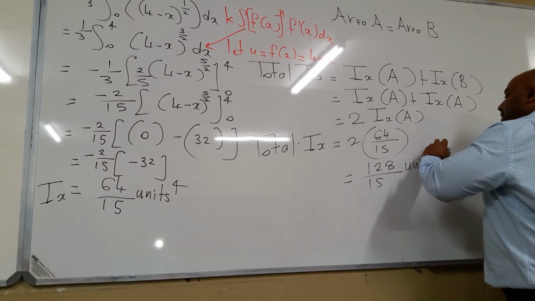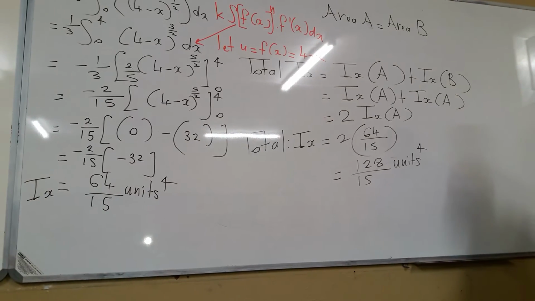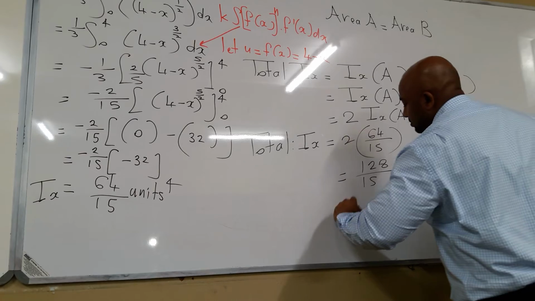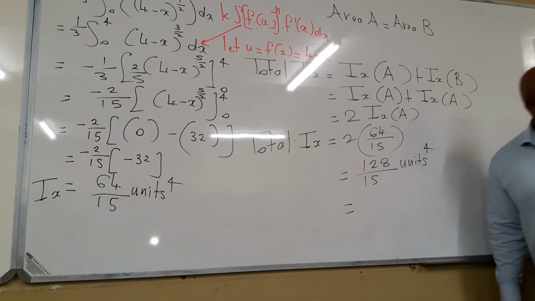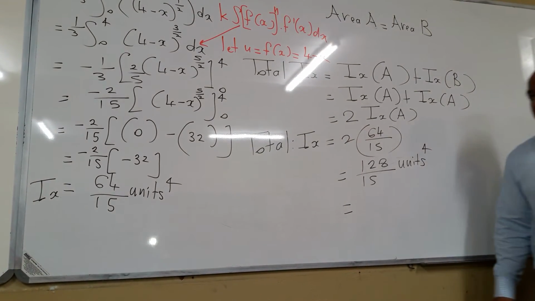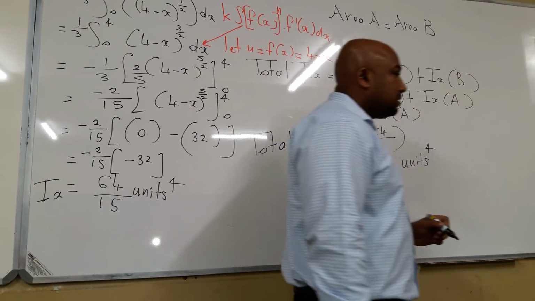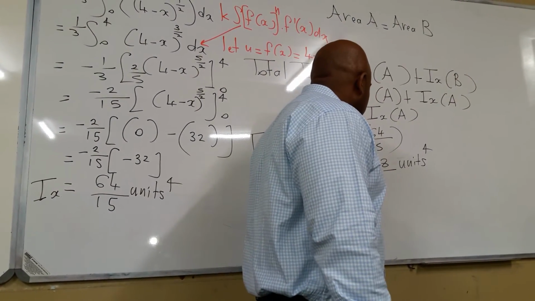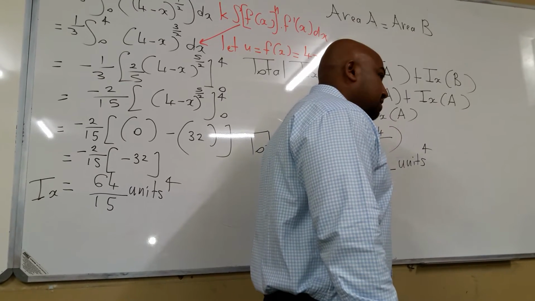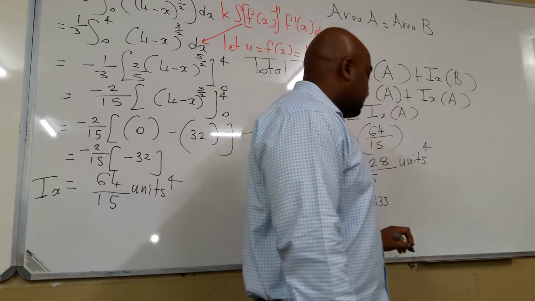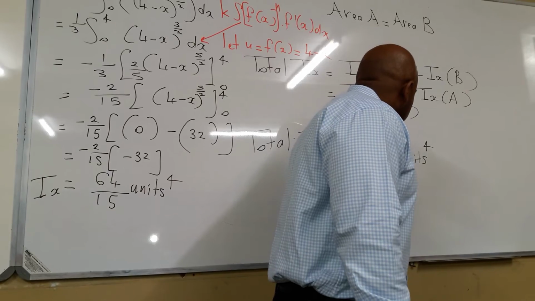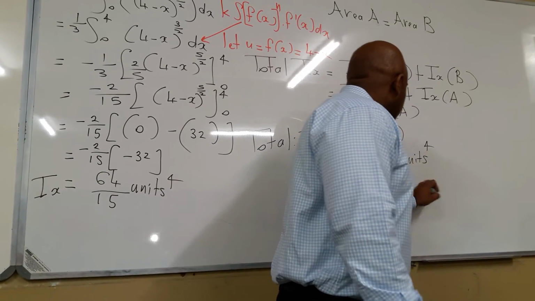That's units to the power 4. 128 over 15, what was the answer there? Just 8.333 units to the power 4.